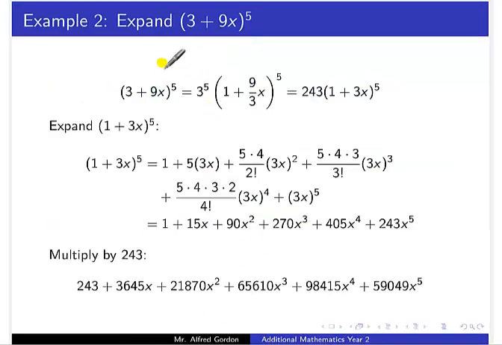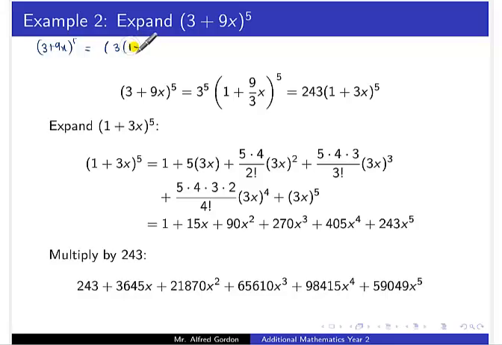Now at this point, I'm going to go through how to simplify this, then you take your time and go through the solution, since we have discussed this in our other videos. So we have 3 plus 9x all to the power 5. How do we do this? We factor 3 out.